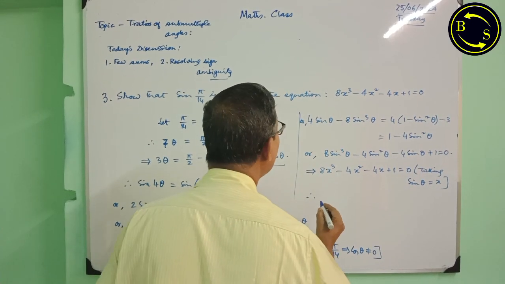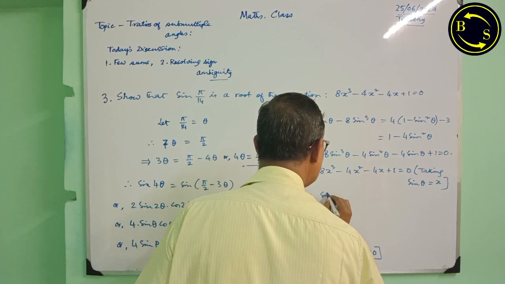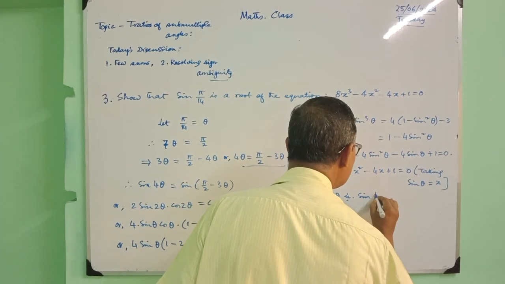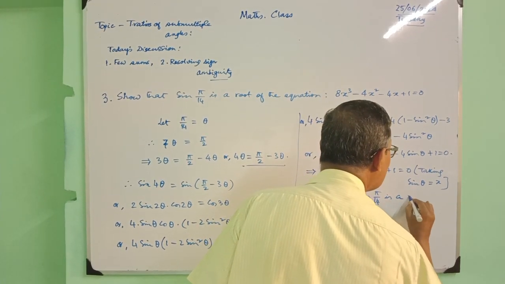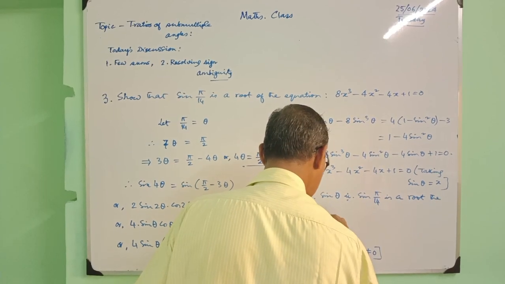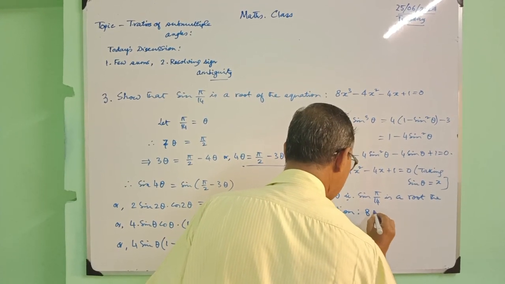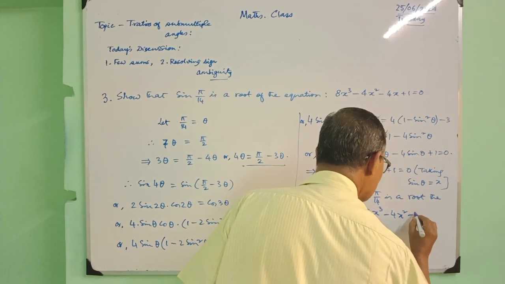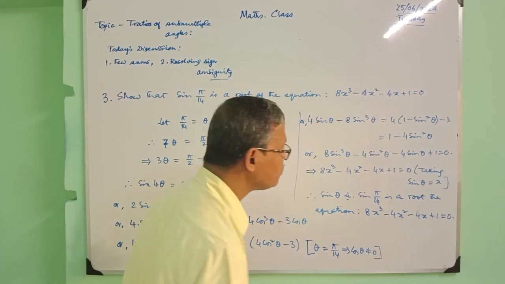Therefore, sine theta, that is sine pi by 14, is a root of the equation 8x cube minus 4x square minus 4x plus 1 equal to 0.